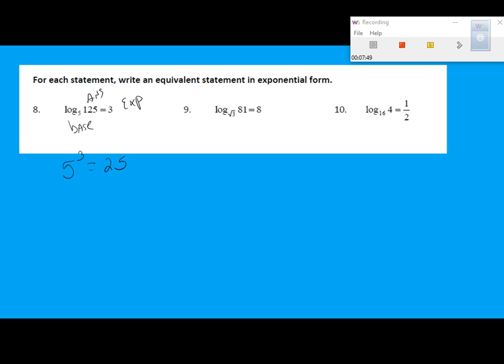And then you got it. On my next one, I've got the square root of 3 to the 8th is 81. My number 10, 16 to the 1/2 is 4.